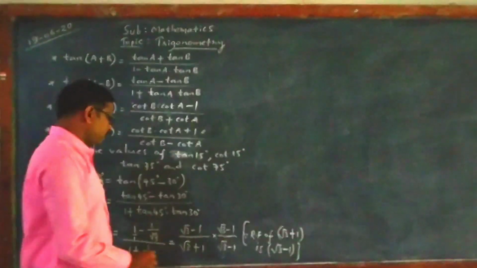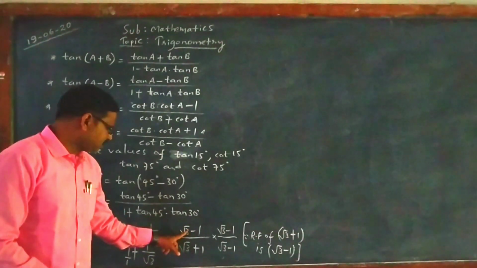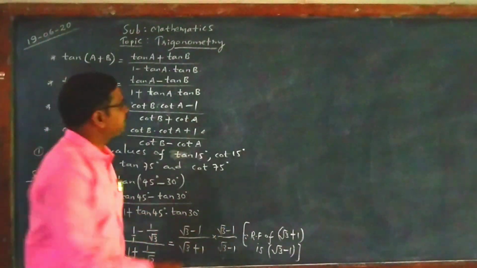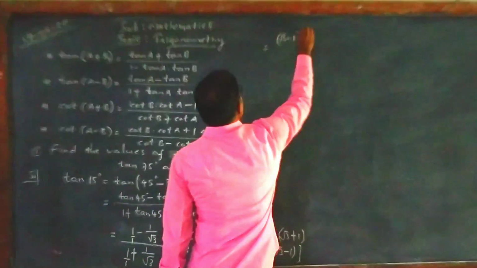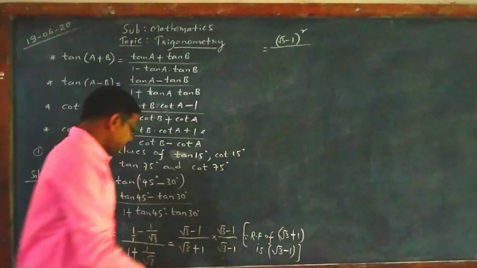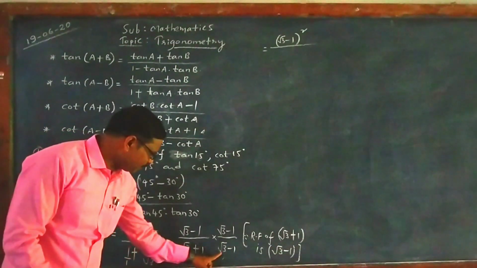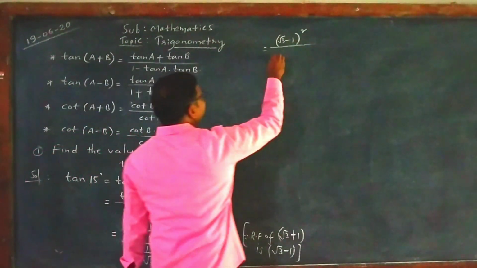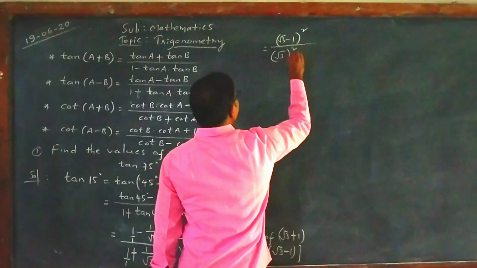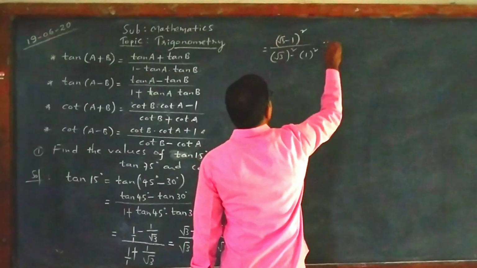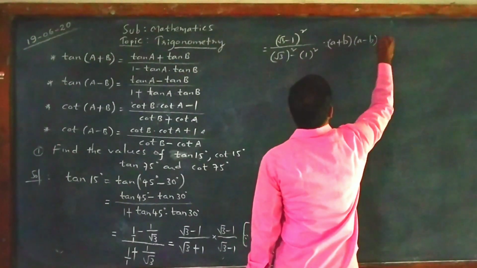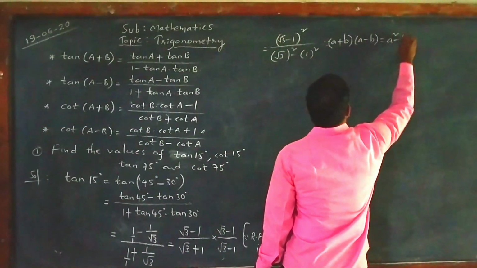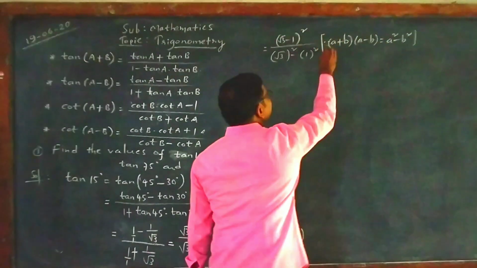Right? Okay. Now in the numerator you see root 3 minus 1 into root 3 minus 1, that will be root 3 minus 1 whole square. Upon, in the denominator, (A+B) into (A−B), it looks like A square minus B square, since (A+B)(A−B) equals A square minus B square.